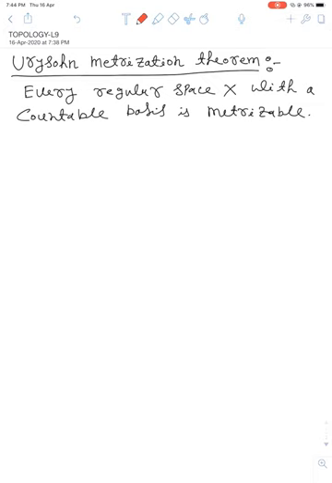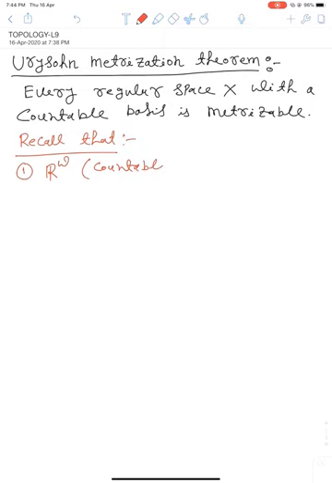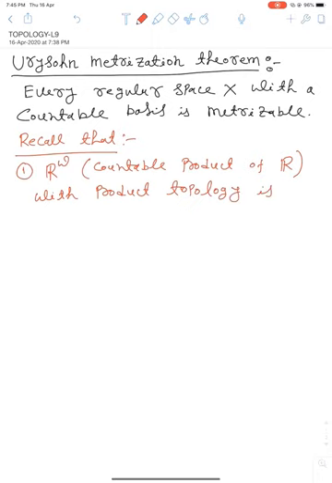So recall that the two properties are, first of all, R omega, that is countable product of R, with product topology is metrizable.